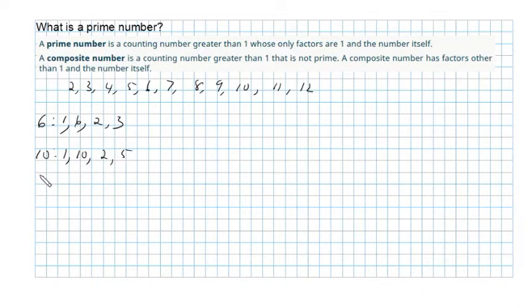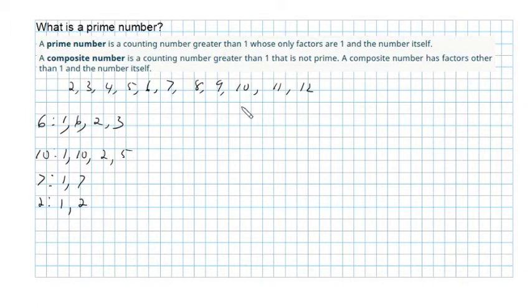However, if we take a number like 7, 7 will only have the number 1 and itself as factors. There is no other integer that divides evenly into 7. Let's take the number 2. The same thing, the number 1 and the number itself.